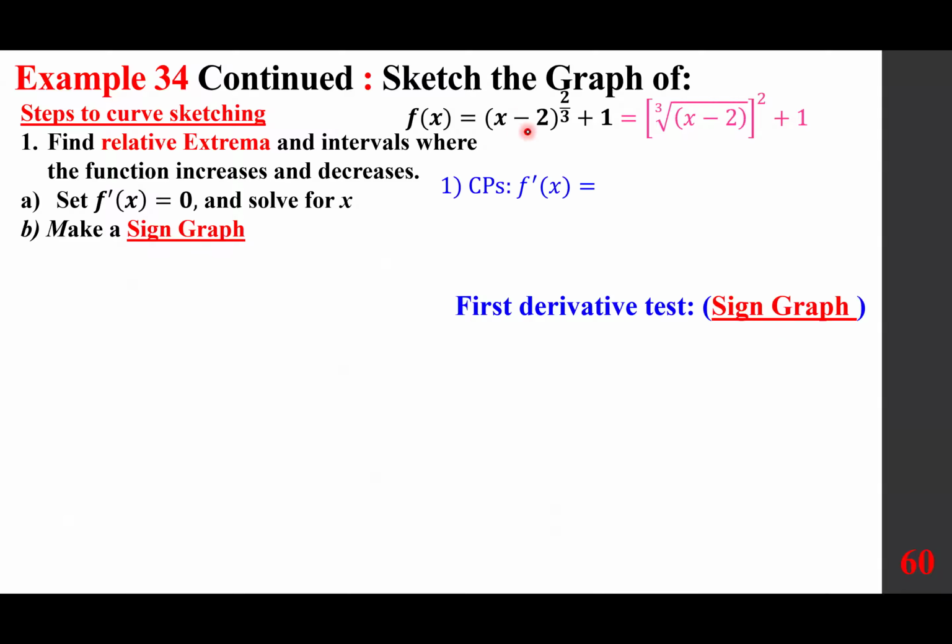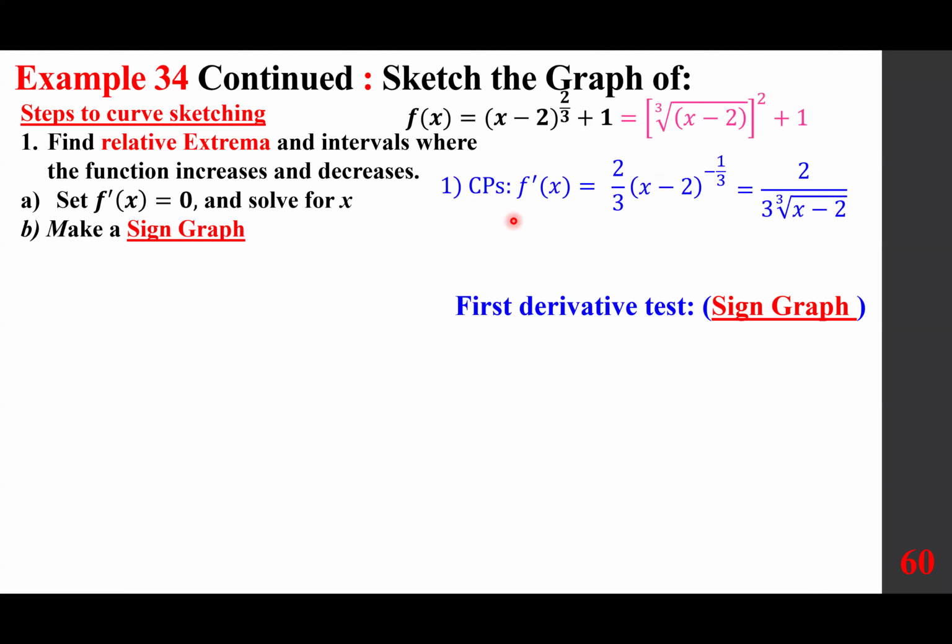So to differentiate, we're going to use this one. 2 thirds (x minus 2) to the power of 2 thirds minus 1, which is negative 1 third, times the derivative of the inside, which is 1. You take the negative 1 third down, it becomes positive, and you make it into a cube root.